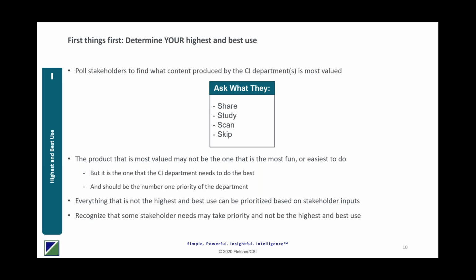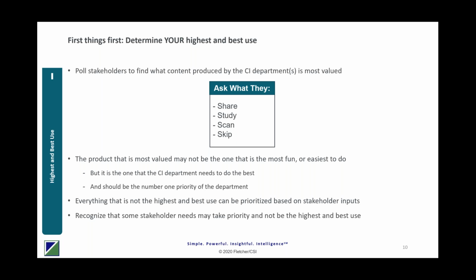And the priority needs of those stakeholders may not be necessarily the top, highest, and best use for the company as a whole. But because that stakeholder has a high priority, for example, that could be, say, a CEO, you kind of need to pay attention to that because that's the way your business, your operation stays in function.